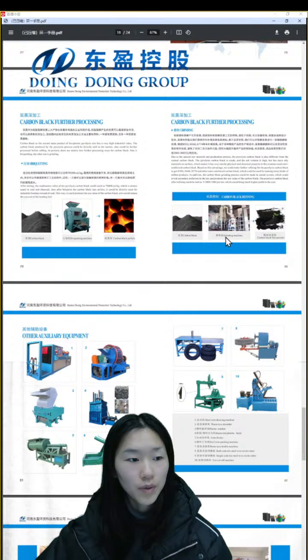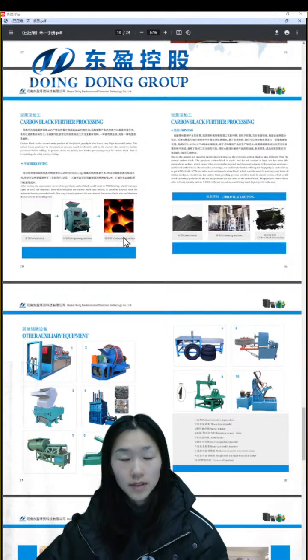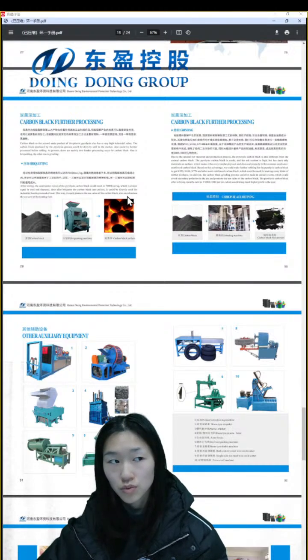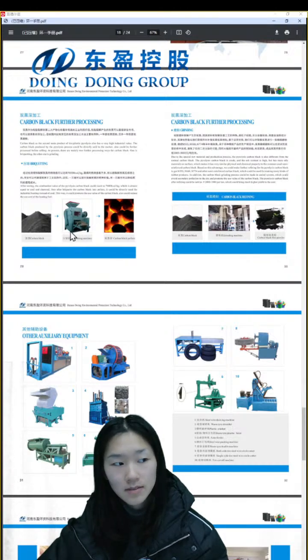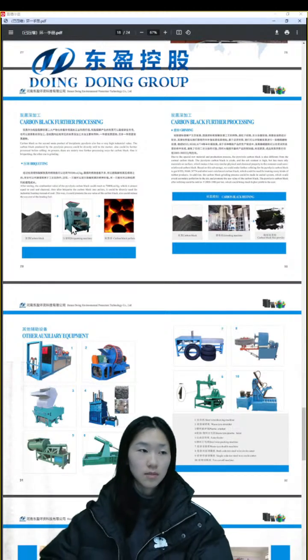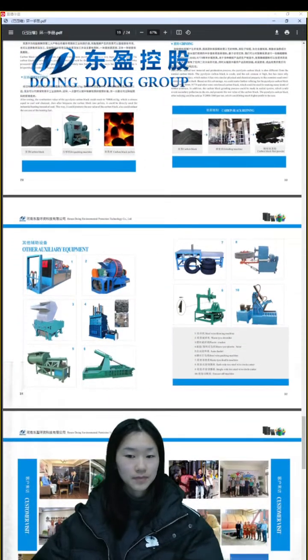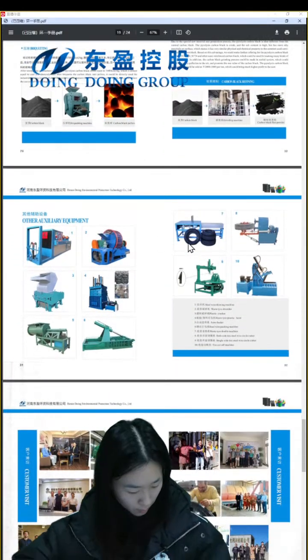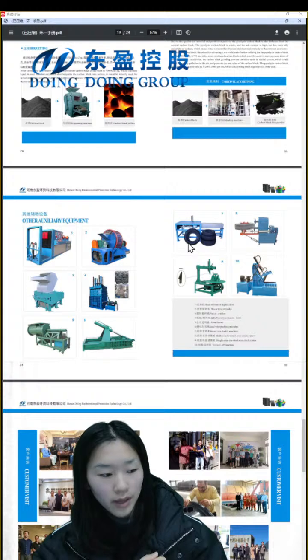Another way, we use this grinding machine to grind the carbon black into fine powder. If you want to do this carbon black project, you can buy carbon black from a pyrolysis factory and buy the pressing machine and grinding machine from us. The price of carbon black balls is very high. You can learn about it in your local area.